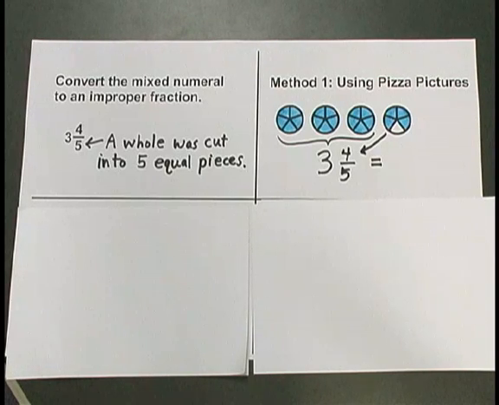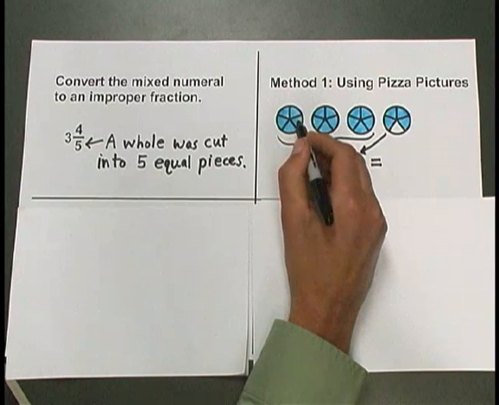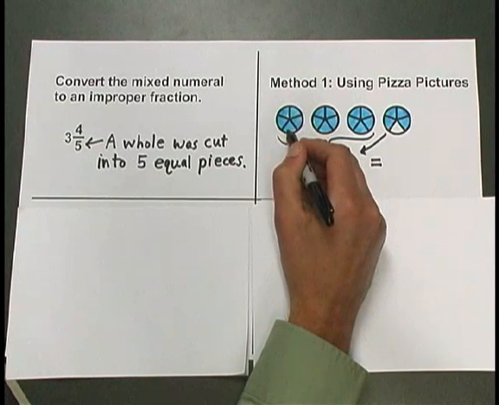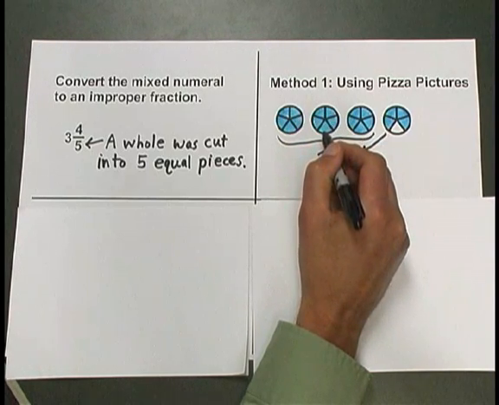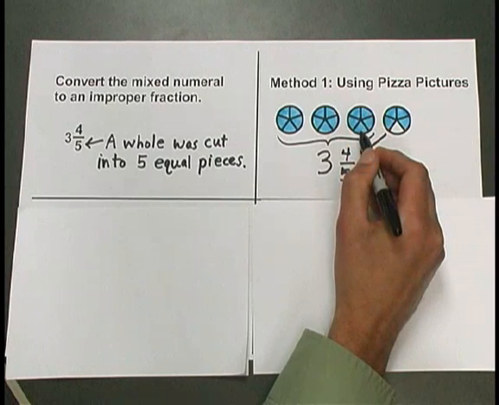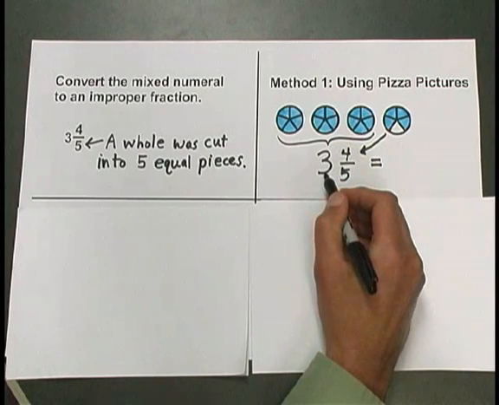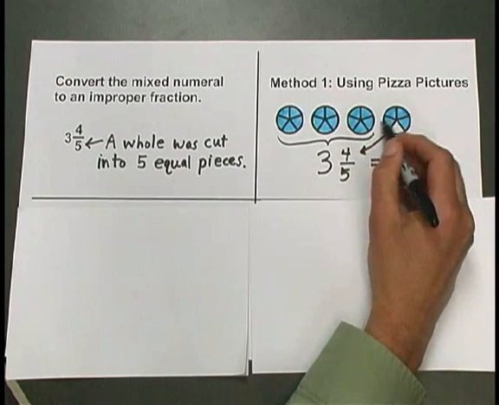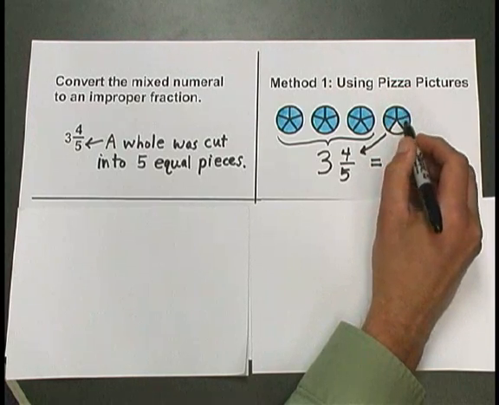To get an improper fraction, I need to count the total number of pieces that I've shaded. 1, 2, 3, 4, 5 from 1 pizza, 6, 7, 8, 9, 10 from 2, 11, 12, 13, 14, 15 from 3, 15 from the 3 whole pizzas. Then I keep counting, 16, 17, 18, 19.